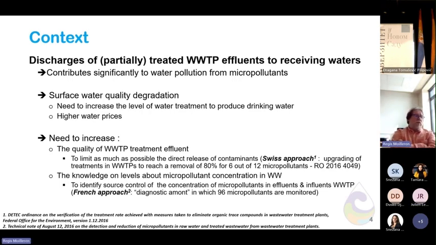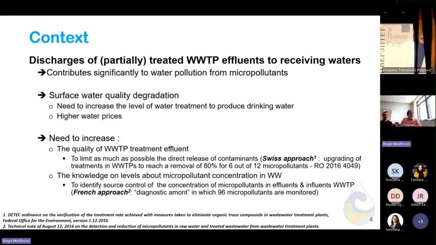In this case, we want to identify source control of the concentration of micropollutants in effluent, but also in influent of wastewater treatment plants. This is what we call the French approach, by opposition to the Swiss approach. In this case, this is a diagnostic amont in French, or the upstream diagnosis, in which 96 micropollutants are monitored.